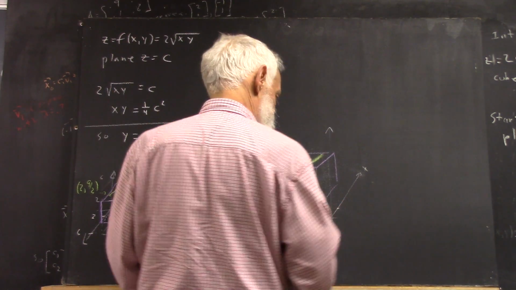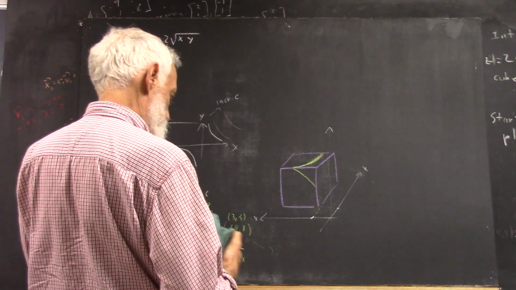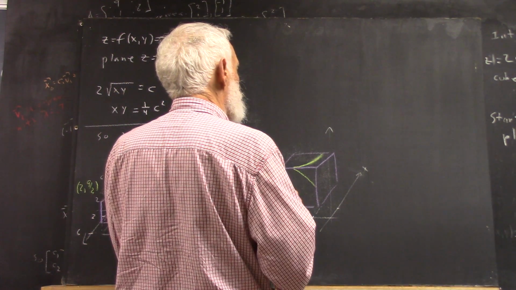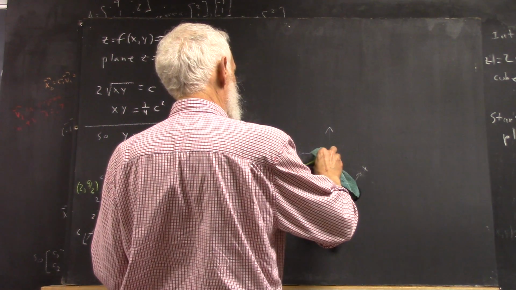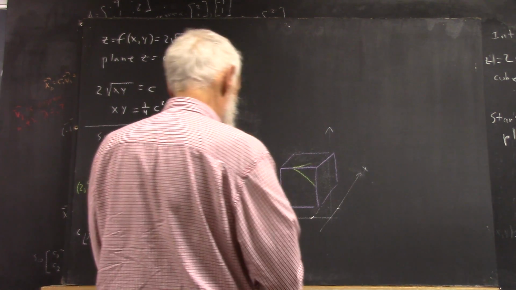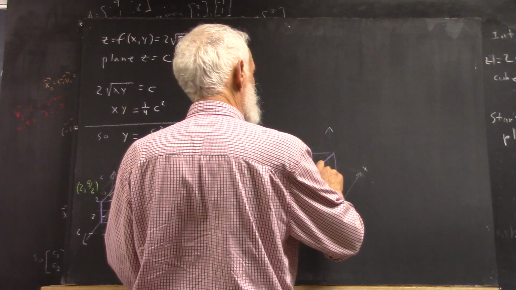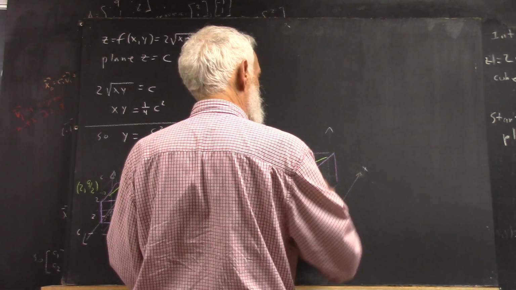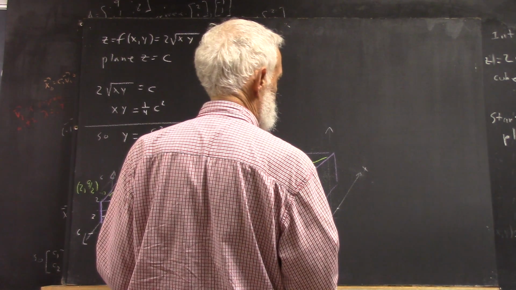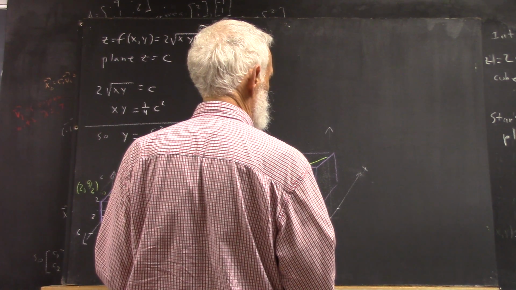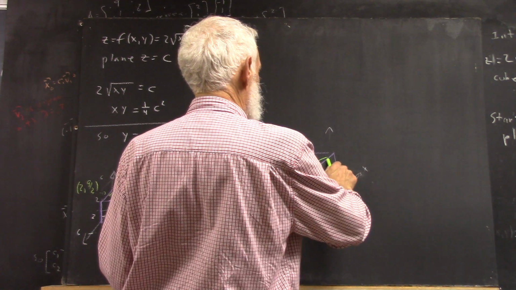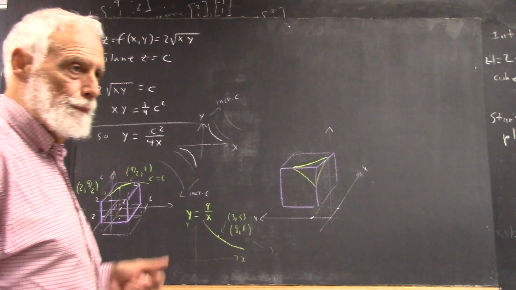Okay, so I want it to be somewhat clear, so let's see if I can clean that off just a little bit. A little careless there. Okay. And then it's going to come down like this. Okay?